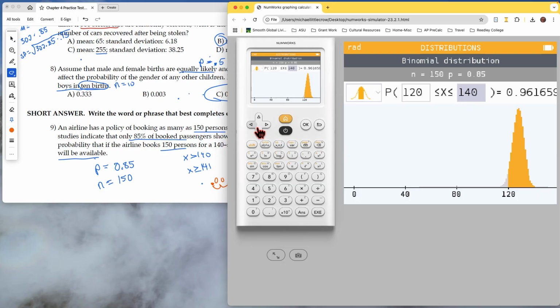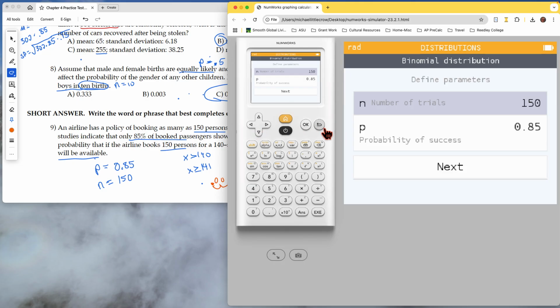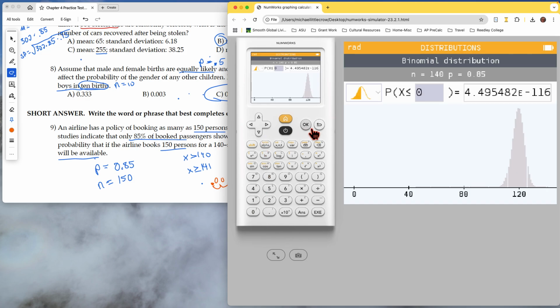But you can say, well, what if they only booked 140? Let's see how that changes things. So 96% of the time you got 120, you're only less than 20 seats shy. But watch, if they were to only book 140 seats and have this sort of thing going on, watch what happens. So let's put 120 to 140.